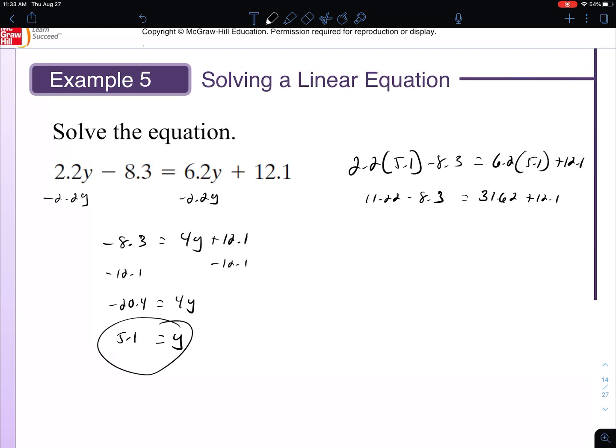So make sure I got everything right here. So 8.3, 12.1. Oh, that's 20.3, sorry. No. Yeah, 20.4. That's okay. So here we have 11.22 minus 8.3.